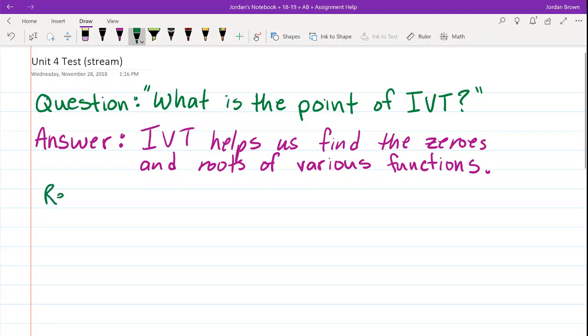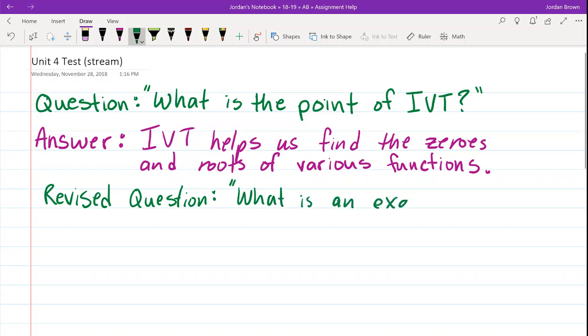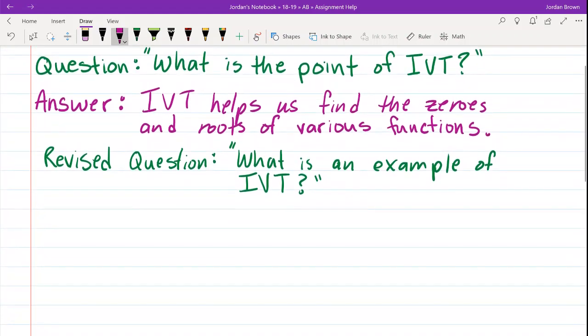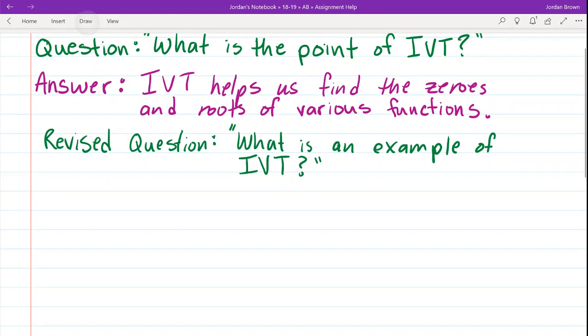So the revised question is, what is an example of IVT? Is that accurate, Lily? Okay.